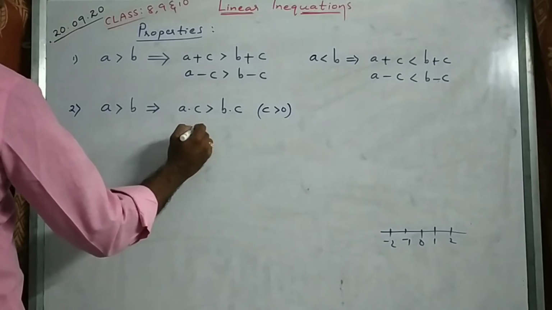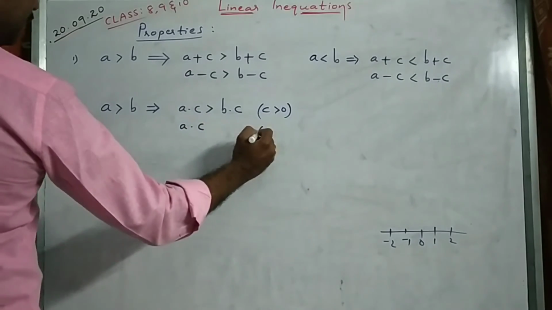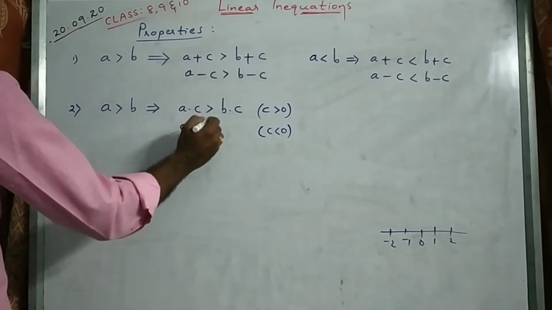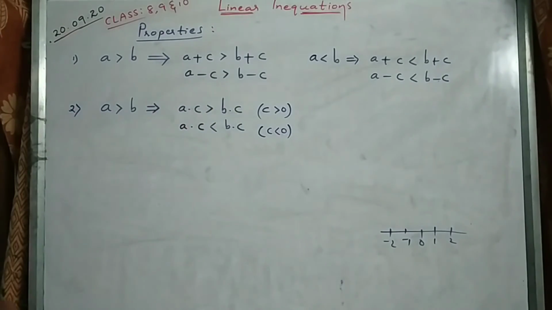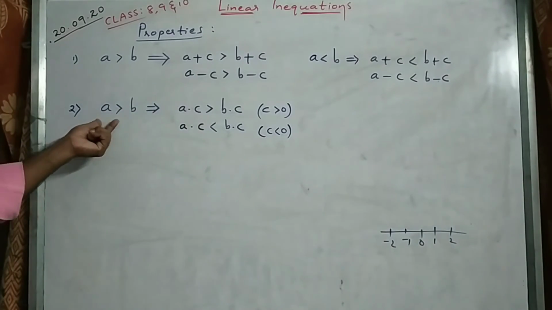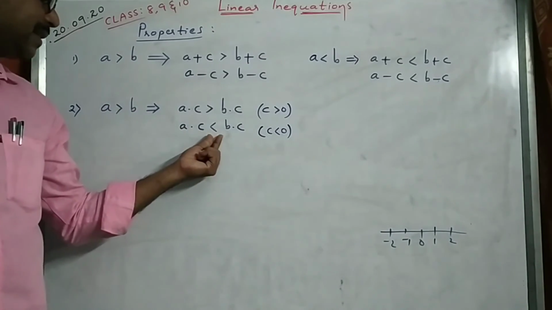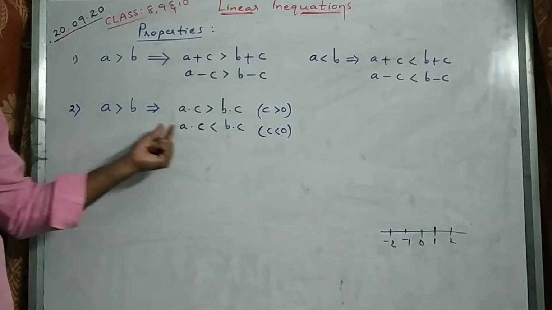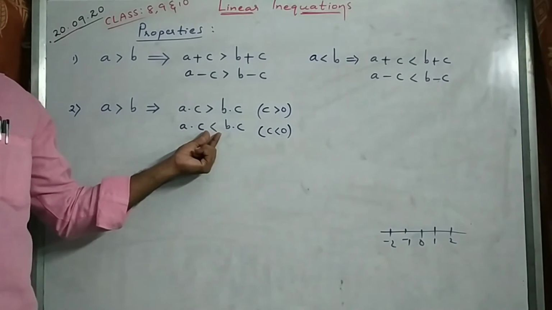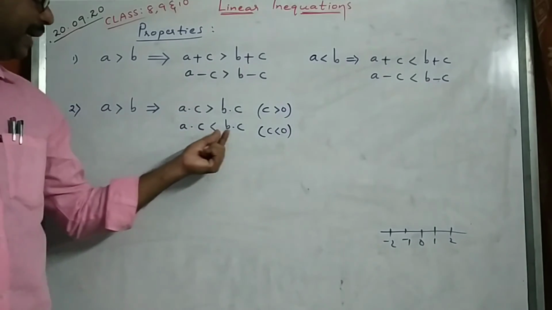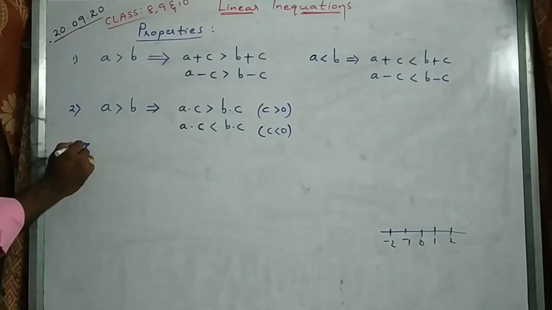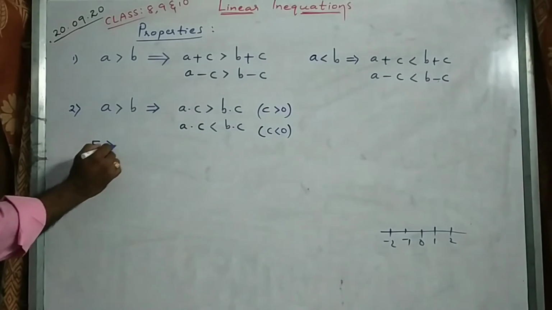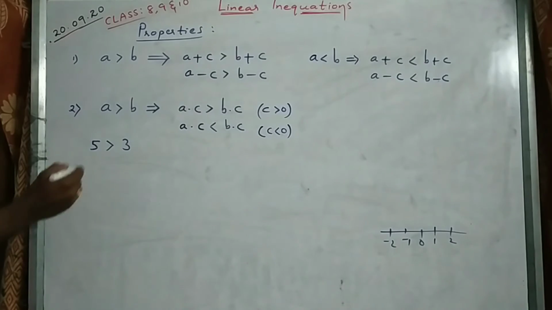If I multiply with a negative number, C less than 0, then the inequality symbol will change. Remember this. If A is greater than B, then A into C is less than B into C. See, greater than became less than. Why? Because I am multiplying both sides by a negative number. For example, 5 is greater than 3. I will multiply both sides with -2.